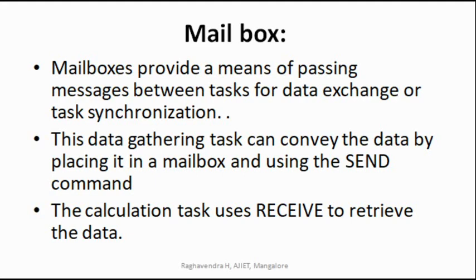Direct transmission is called the synchronous method. The second one is the asynchronous method, for which we use a message queue. For the synchronous method, we can directly transmit and receive using functions which transmit and receive.